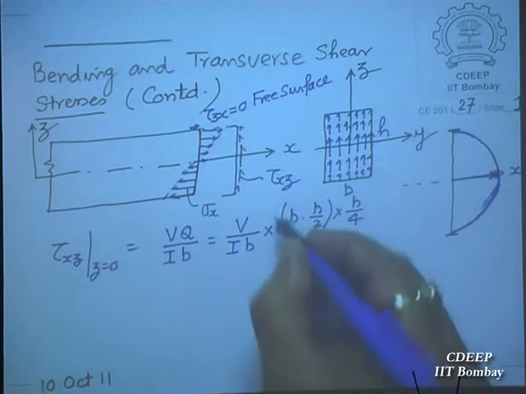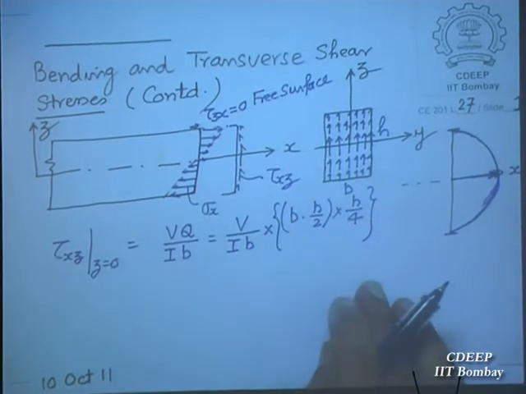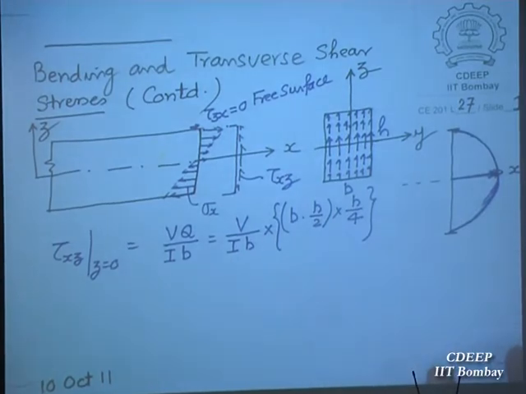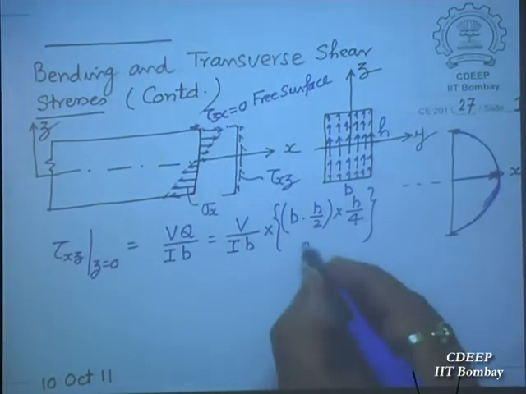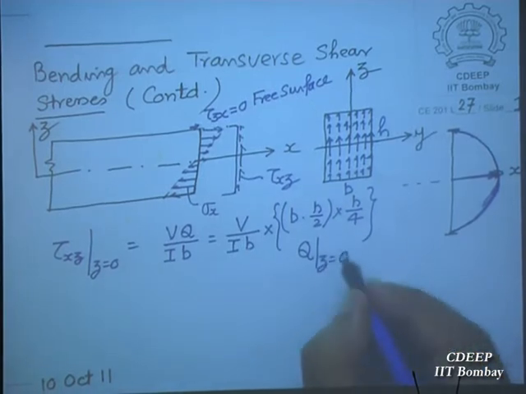So the value of Q is this much. This is the Q at the neutral axis, the value of Q at Z equal to 0.